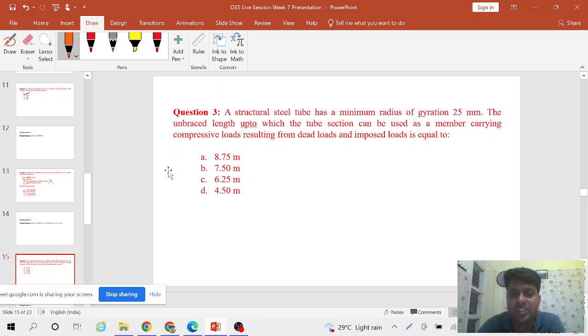A structural steel tube has a minimum radius of gyration of 25 mm. So the minimum radius of gyration has been reported here as 25 mm. The unbraced length up to which the tube section can be used as a member carrying compressive loads. So here, you have to detect the keywords.